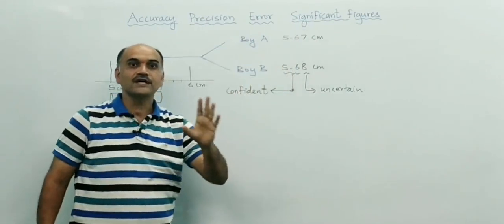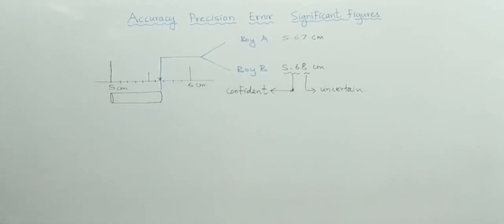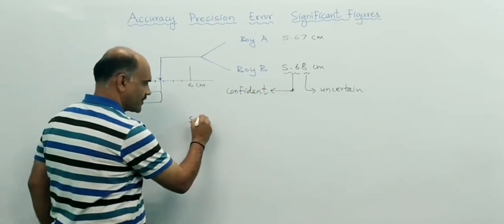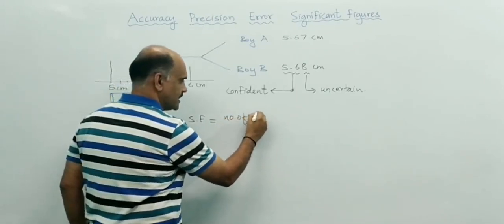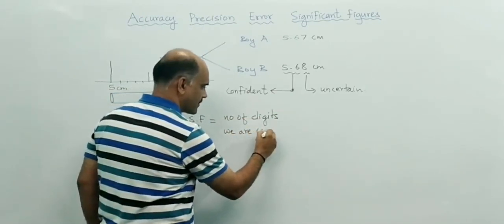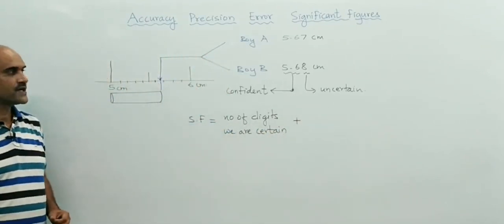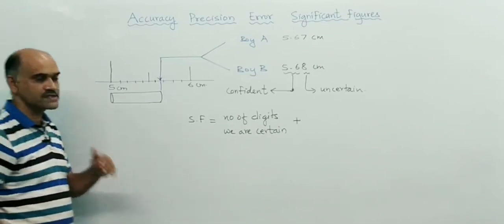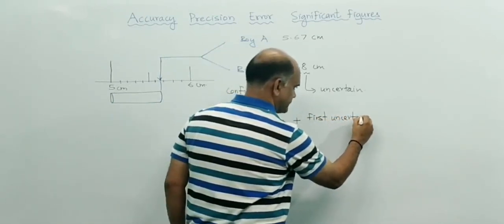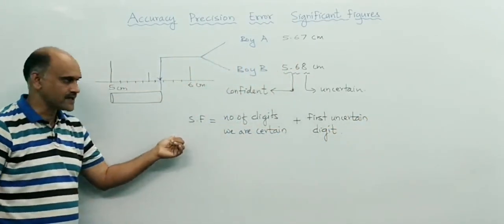Significant figure means the number of digits we are certain or confident about, plus the next digit which we are uncertain about, the first uncertain digit. This we call a significant figure.